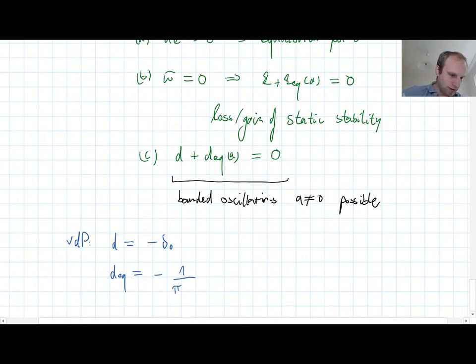Now let's just do this very quickly. So equivalent damping is defined like this: to integrate over 2 pi delta 2 QH squared QH dot times sine tau d tau.